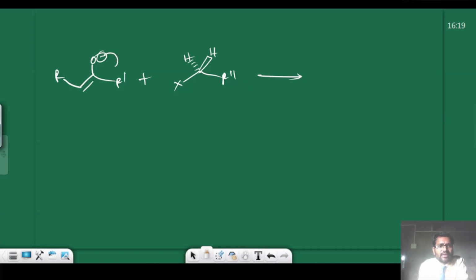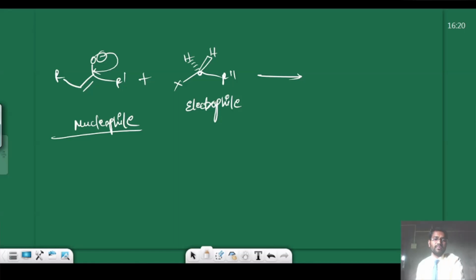This enolate anion will come back like this and act as a nucleophile, and this carbon acts as an electrophile. Nucleophile and electrophile will interact with each other, and a carbon-carbon bond formation reaction will take place.